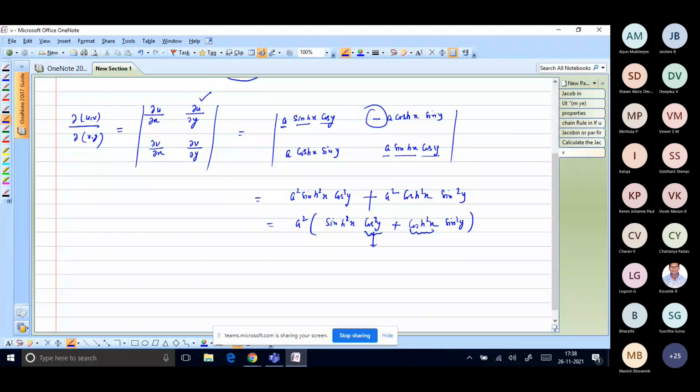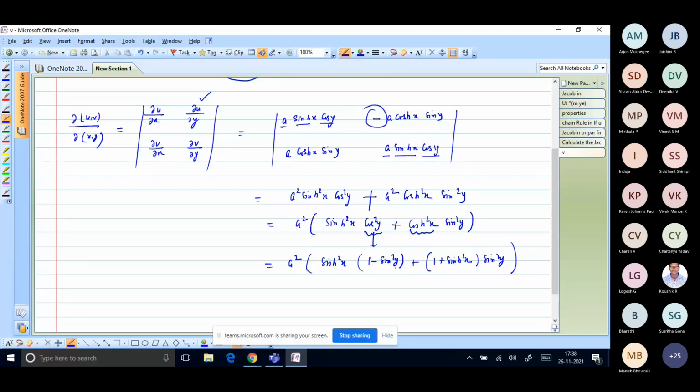So once I write a square sine hyperbolic square x as it is, and here I write 1 minus sine square y plus cos hyperbolic square, formula is 1 plus sine hyperbolic square x into sine square y. So you will do this thing.